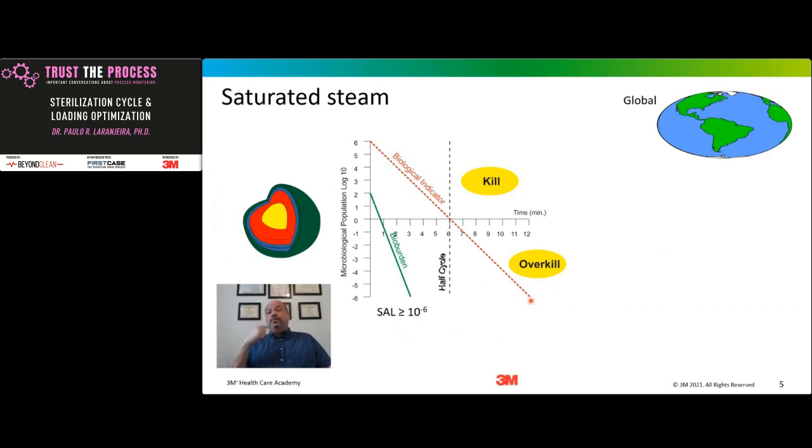The possibility of having one viable spore is not absolute. This shows us that the sterilization process is not an absolute process. The product does not come out sterile. It comes out sterilized to a level of one viable spore in the initial 1 million.